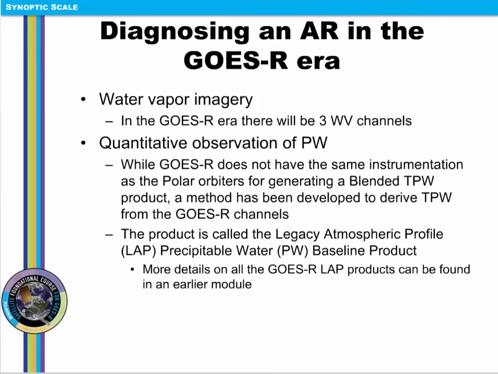The product is called the Legacy Atmospheric Profile, or LAP, Precipitable Water Baseline Product, which we will discuss in the next slide. More details on all the GOES-R LAP products can be found in an earlier module.